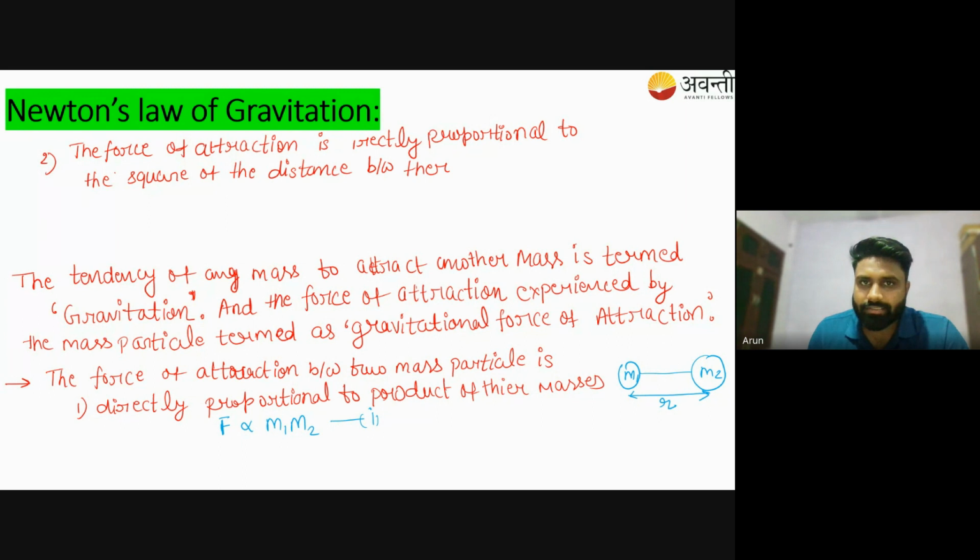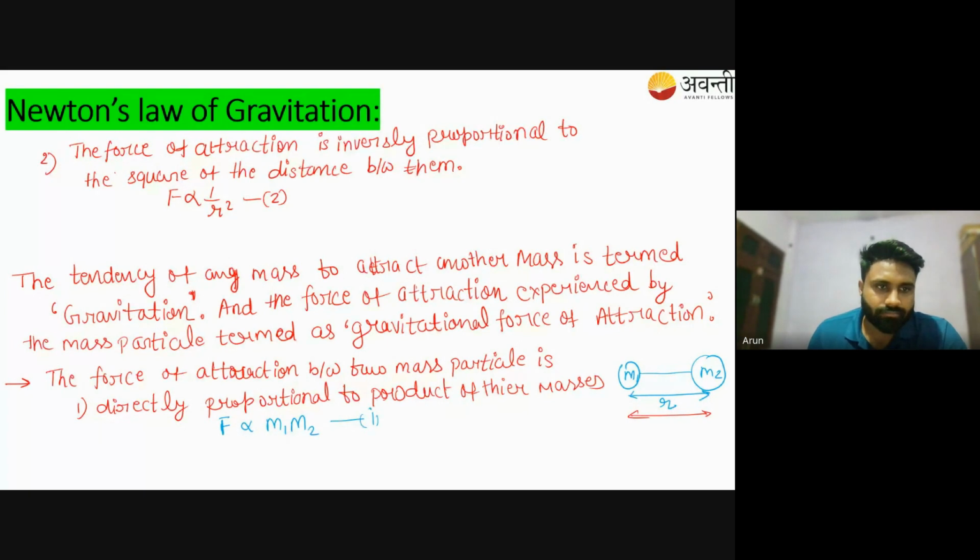Not directly, it is inversely. So what is the distance between them? It is r. So F is proportional to 1 upon r square. This is equation number 2.